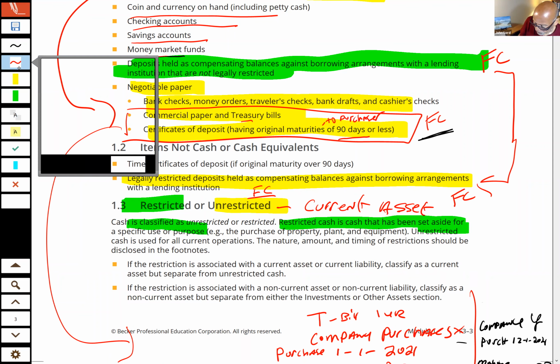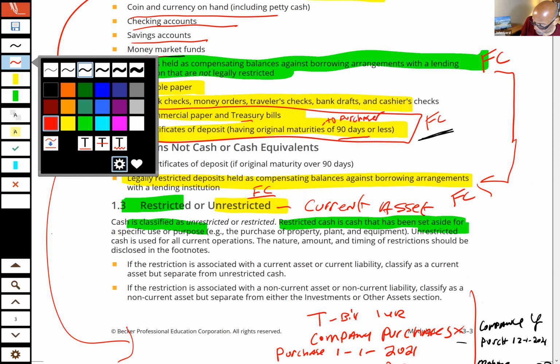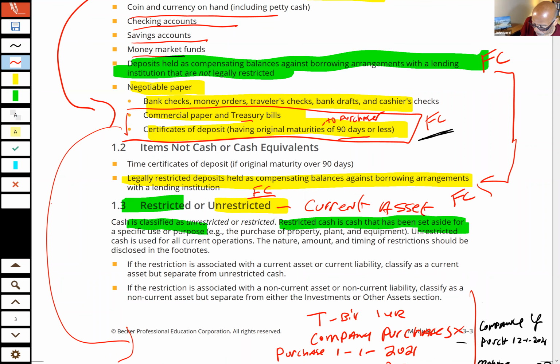They don't come right out and say it, so just to be parallel, put that restricted could be current or non-current. What it really depends on is the restriction.